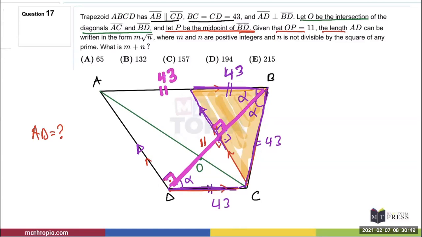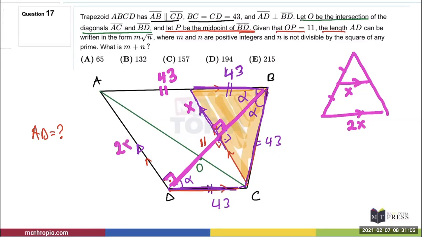Because this is parallel and this is the bisector, we can say this is x and this is 2x. Then I'm going to put here x and this is also 2x.